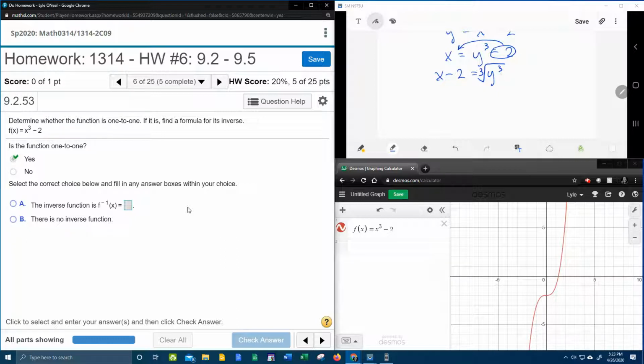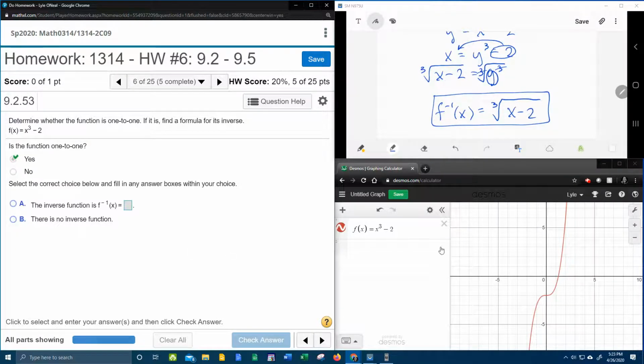So I need to take the cube root of both sides. So a cube and a cube root cancel. That gets the y by itself, and now we can say this is the inverse. So this is the notation for inverse. The inverse function is the cube root of x minus 2.